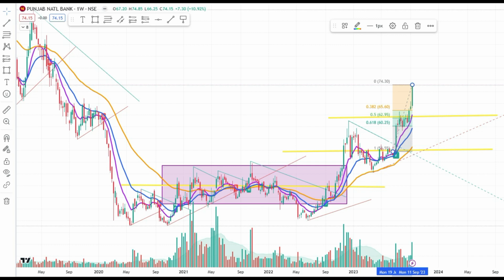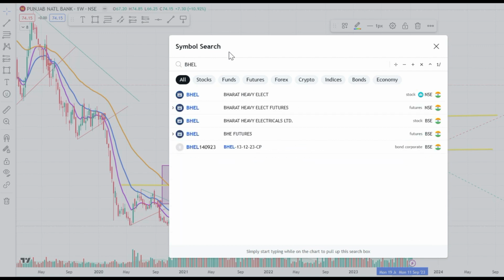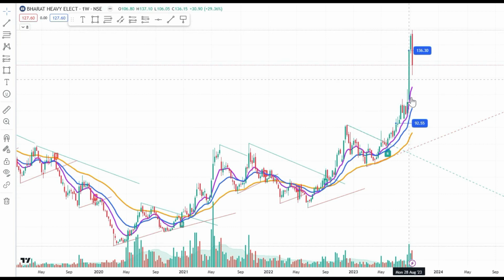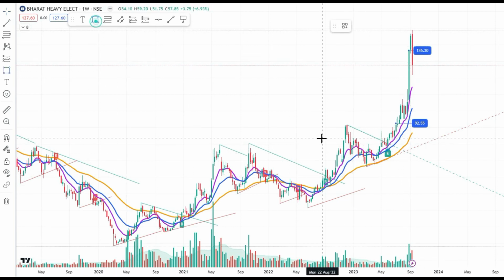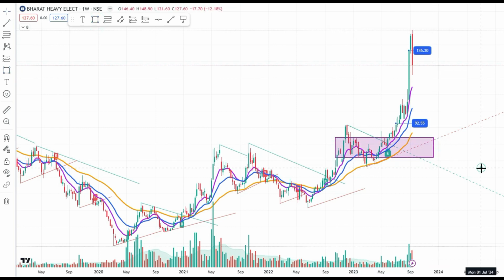And if you look at Bell, it's another PSU we have seen most recently. Bell broke out from this base. It's not a perfect base, but yeah, this is the base. It was hovering between 70 to 85 for a long time.